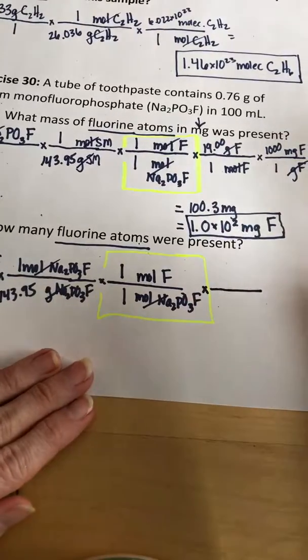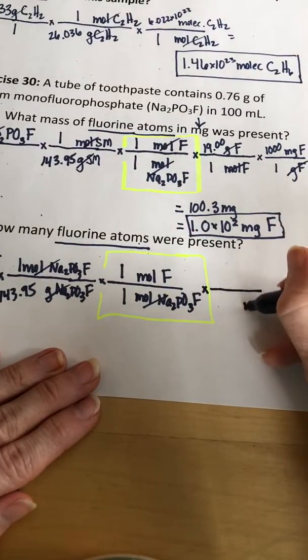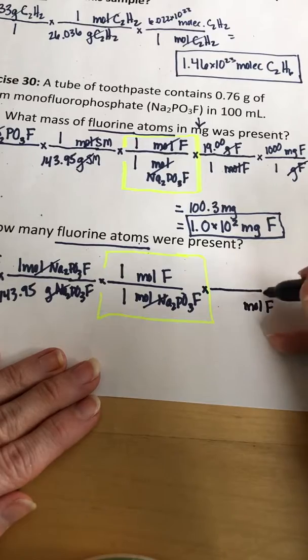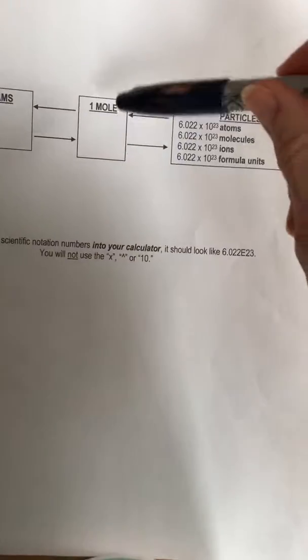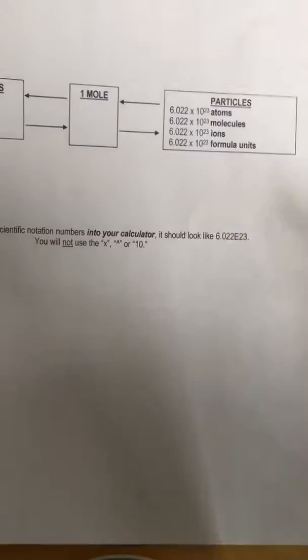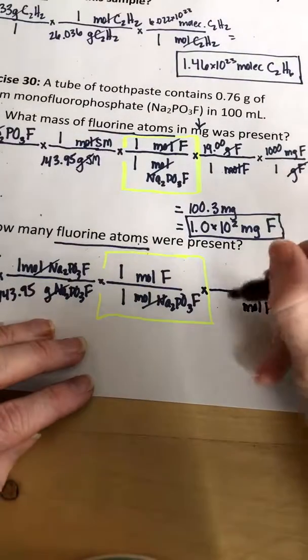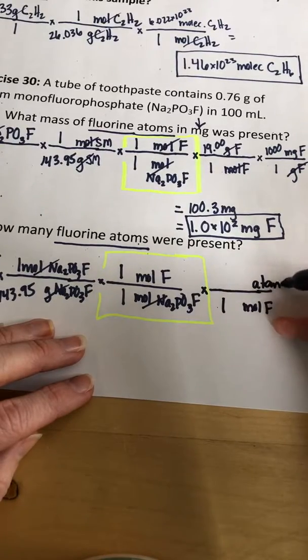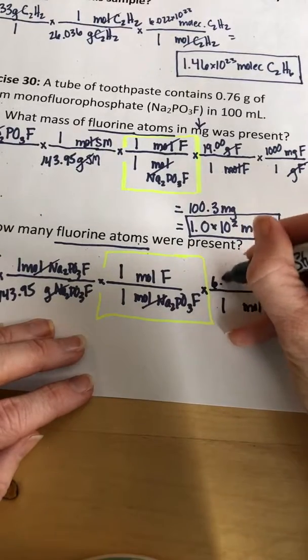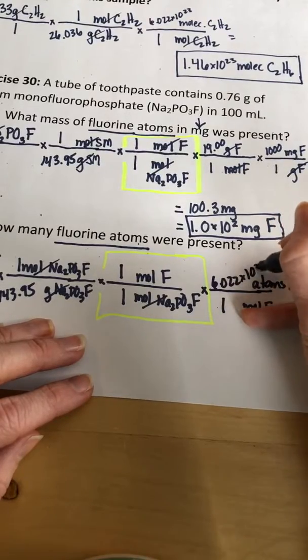So now I've transferred over to fluorine. Mole of fluorine is on top. Mole of fluorine will go on the bottom in the next question. Moles to atoms can be done in one step because they're right next to each other. Wherever the mole is, that's where we're going to put the 1. And then atoms gets the 6.022 times 10 to the 23rd.